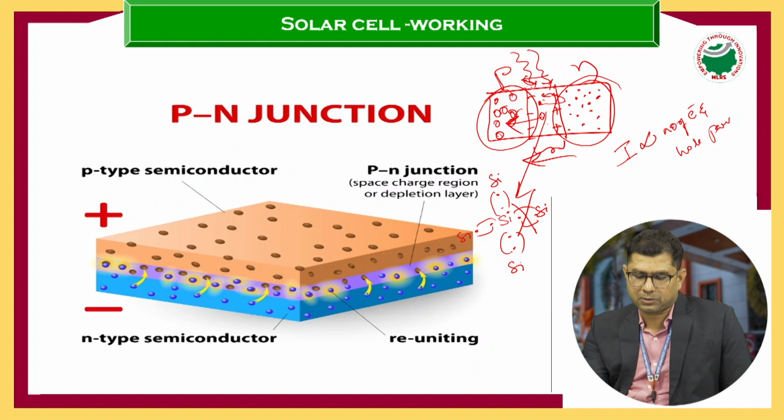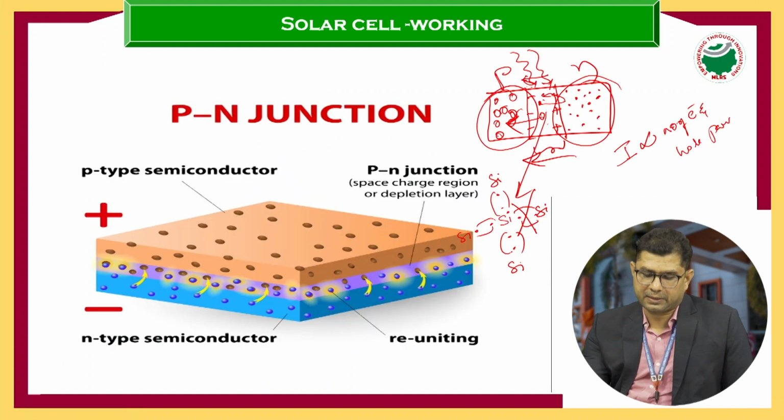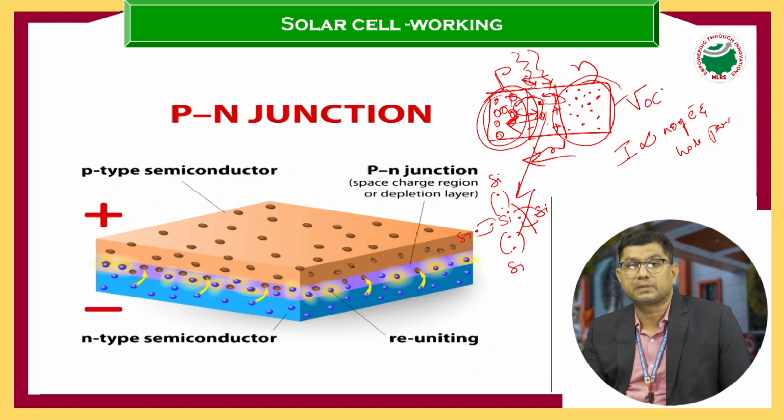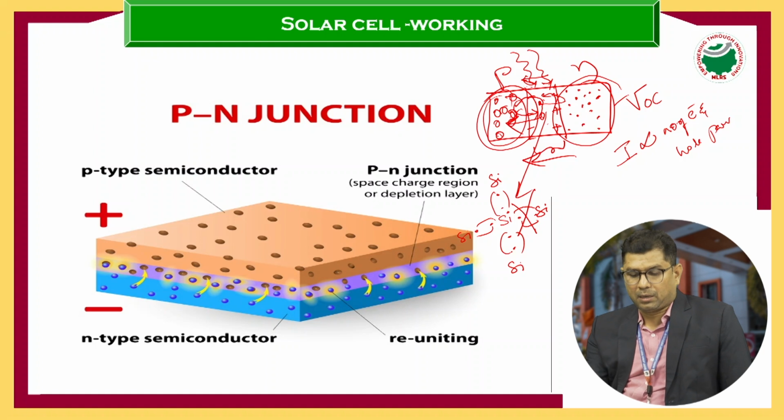The hole generated here wants to move to this side, but there is more positivity here, so the hole is reflected back. This particular voltage is the open circuit voltage. Open circuit voltage is the maximum voltage developed in the solar cell.